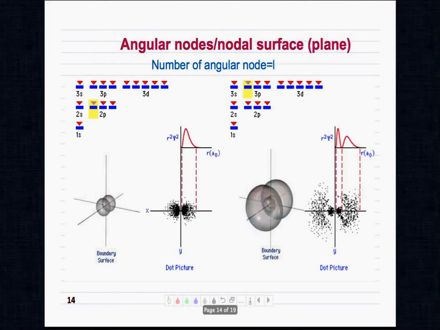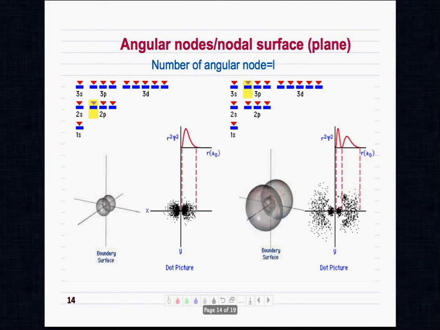Now, the number of angular nodes, or how many nodal planes you're going to have, is equal to L. In this case, L equals 1. This is why I have one nodal plane for all p. So if I go to 3p, 4p, 5p, I'm going to have only one nodal plane.